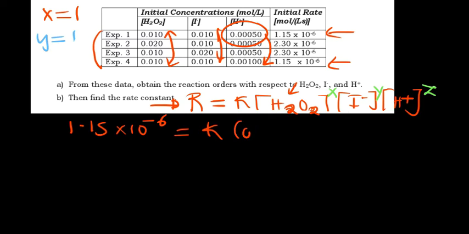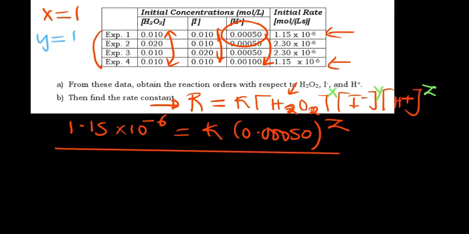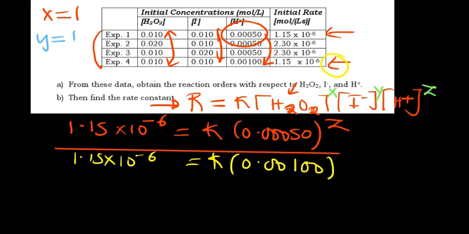So 0.00050 raised to the power z, divided by the last one, the fourth one. So that would be 1.15 times 10 to the power negative 6 K, and then 0.00100.